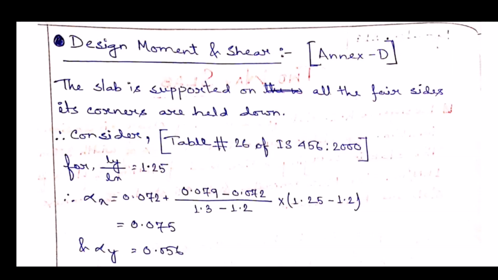As per the interpolation formula, 0.072 plus (0.079 minus 0.072) by (1.3 minus 1.2) multiplied by (1.25 minus 1.2), that is equal to 0.075. So the value of alpha x is 0.075 and the value of alpha y is 0.056. That is also given in the last column of Table number 26.